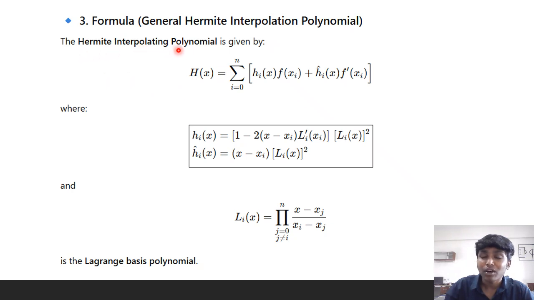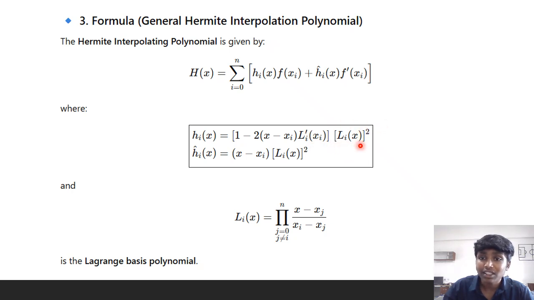The Hermite interpolating polynomial has a general formula: h of x equals the summation of i from 0 to n of hi of x times f of xi, plus h cap i of x times f dash of xi. We first calculate the values of hi and h cap i for every given data point, and then we calculate the resulting Hermite interpolating polynomial. hi of x equals 1 minus 2 times x minus xi times l dash i of xi, times li of x whole square.